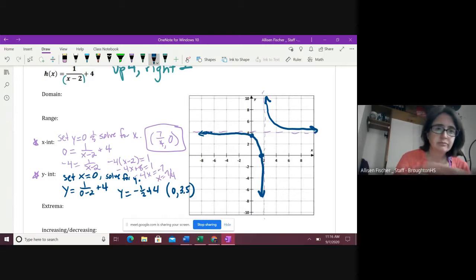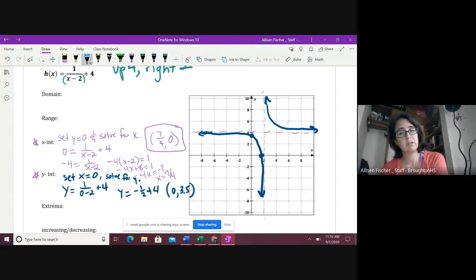So domain. I want to know how far to the left does this go? How far to the right does this go? The tricky part about domain is you have to include any breaks that are in the graph. So if you look at your graph, there's a break in the x's at 2, where that vertical asymptote is.